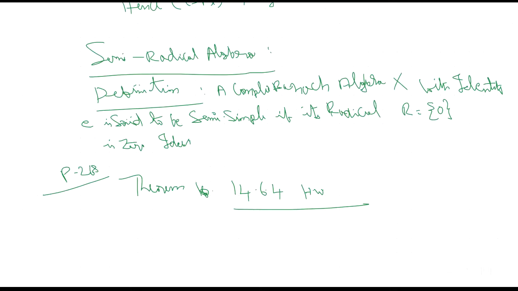So norm E plus I, the infimum of norm E plus Y such that Y belongs to I, is less than or equal to norm E, since 0 belongs to I, that equal to 1.